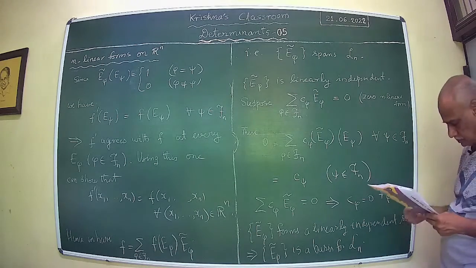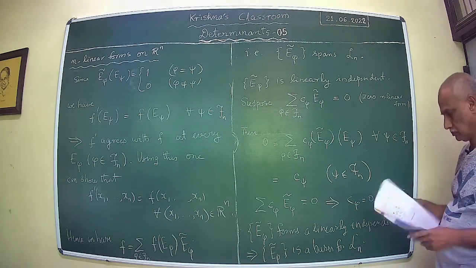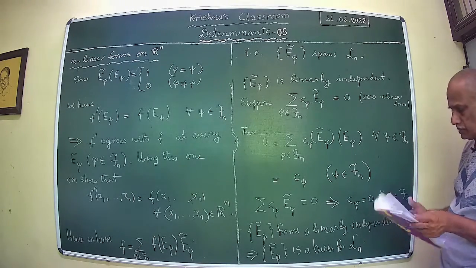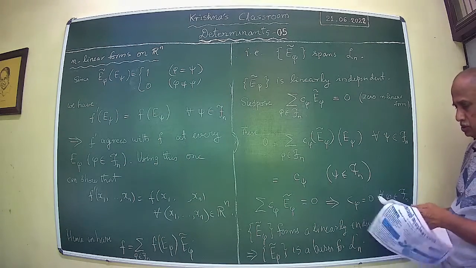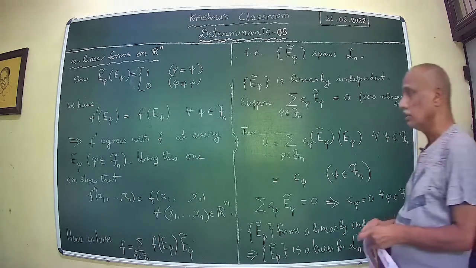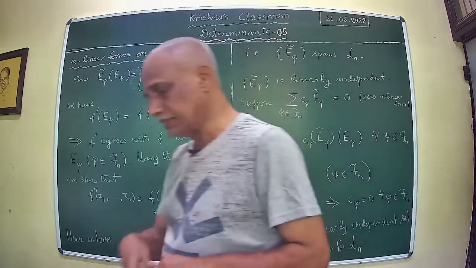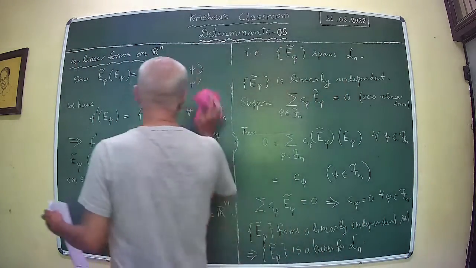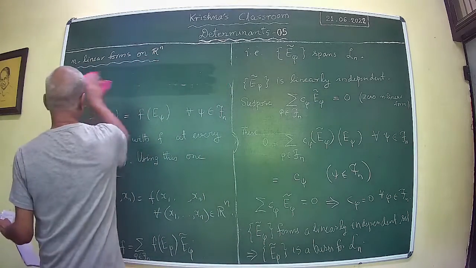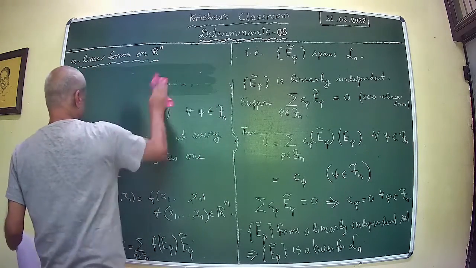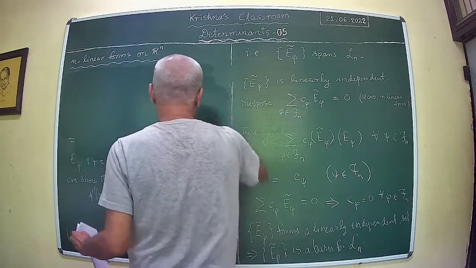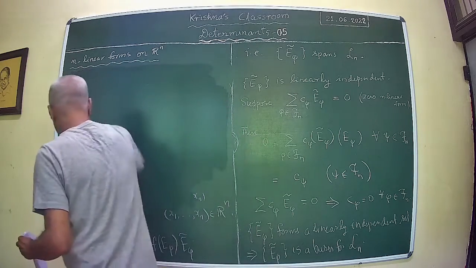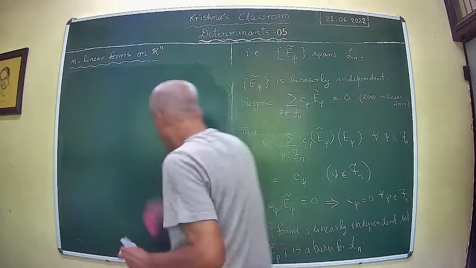Okay. So the consequence is that the number of distinct elements in this collection is n to the power n. Therefore, the dimension of Ln is equal to n to the power n.